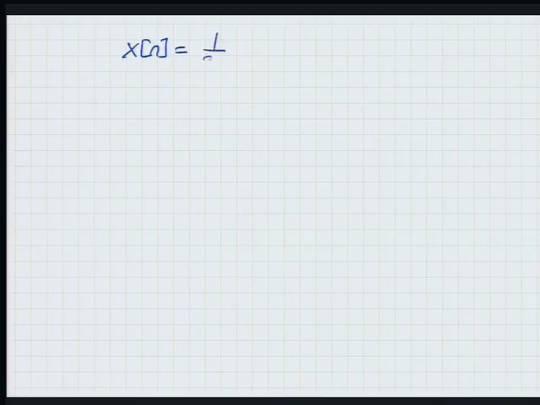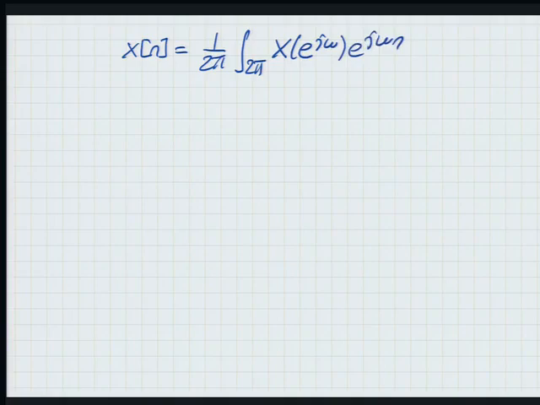So it's 1 over 2 pi, integrate over any period that you like that lasts 2 pi units in omega. And the product with e to the j omega n, d omega will give you x of n. Okay, so that's the synthesis equation.